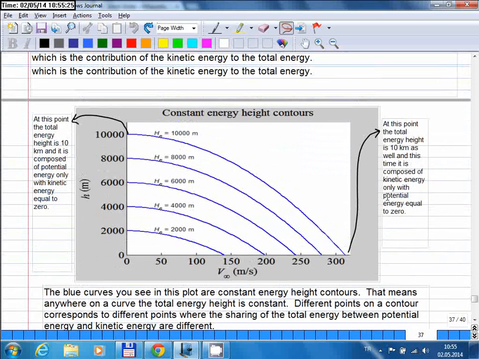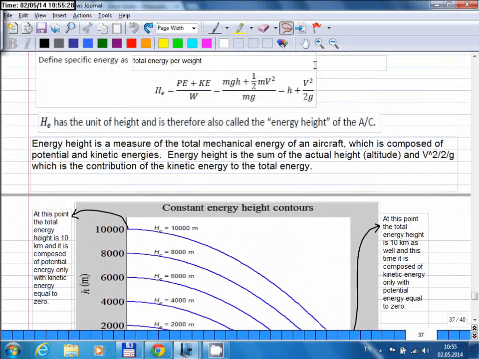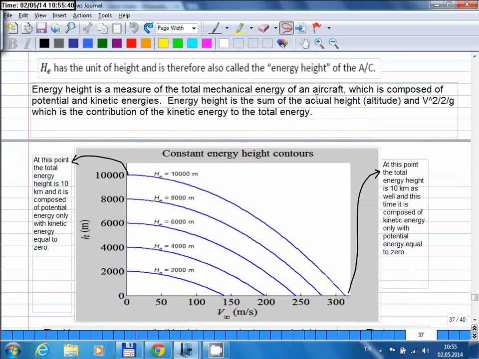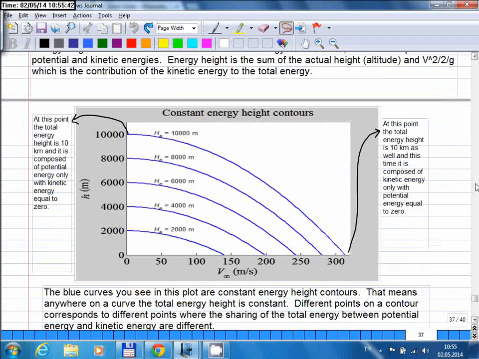So if you look at the total energy height term, this is basically the sum of two terms, right? So if your total energy height is something, then some of that total energy is due to this and the other part is due to this. So from here you can draw constant energy height contours. So the blue curves you see on this graph are constant energy height contours.